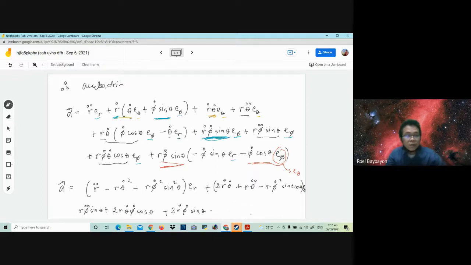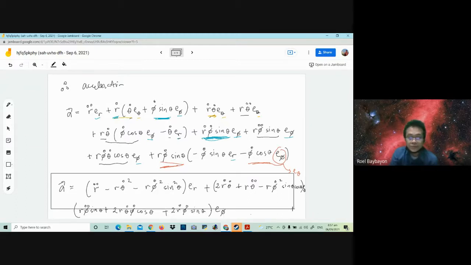So this is my terms for E phi. And that's it. That's my acceleration in spherical coordinates.